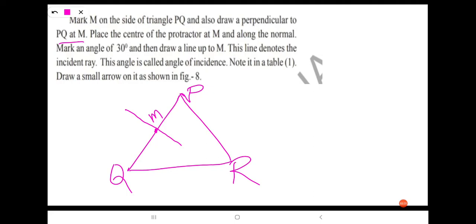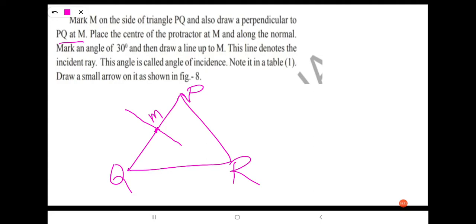Now, place the center of the protractor at M along the normal. Mark an angle of 30 degrees and then draw a line up to M. Okay, so we have to place the protractor at the point M along this normal.